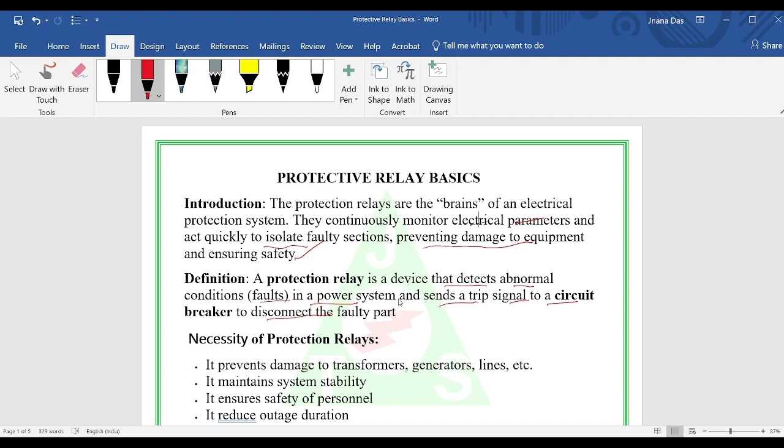It ensures safety of personnel and it reduces the outage duration.